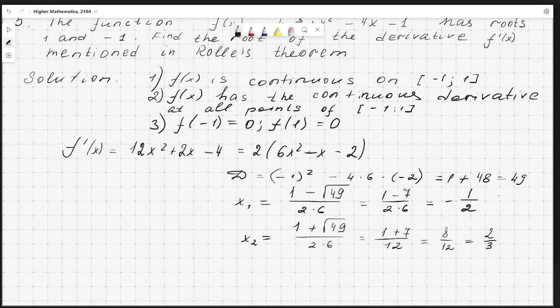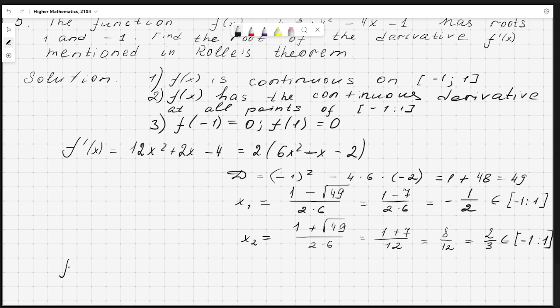X first belongs to interval minus 1 to 1 and point 2 over 3 lies between points minus 1 and 1.